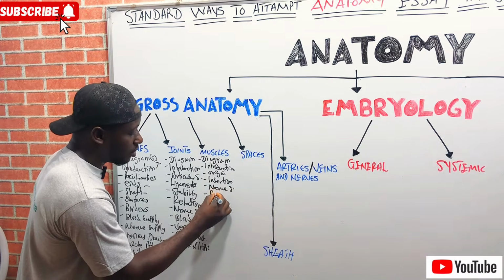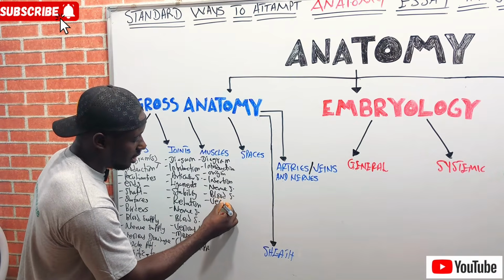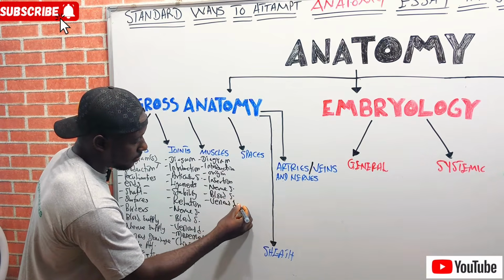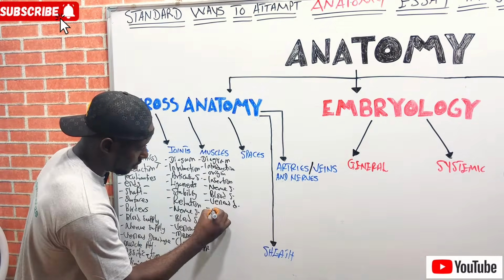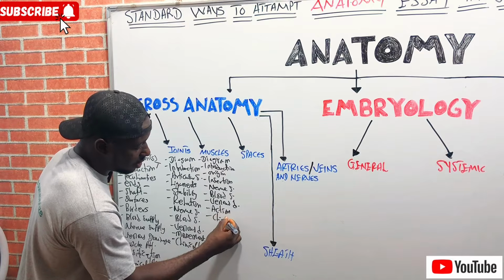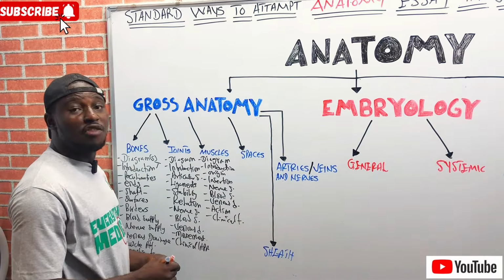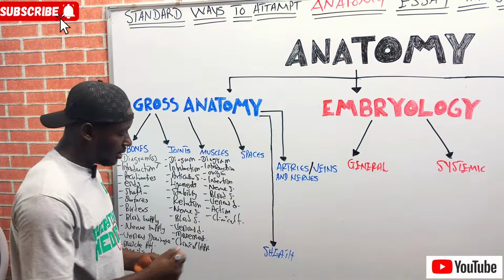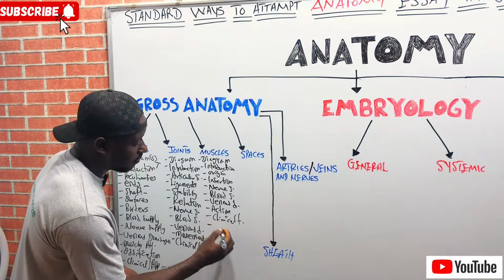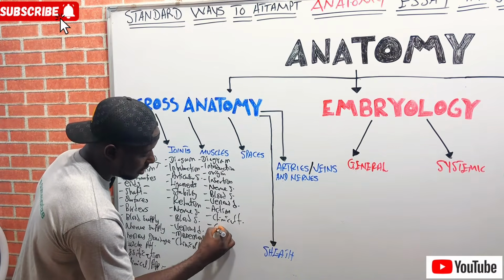It will have blood supply. It will have venous drainage. It will have action. It will have clinical testing. But not every muscle has clinical testing, right? So next is the clinical and applied anatomy.